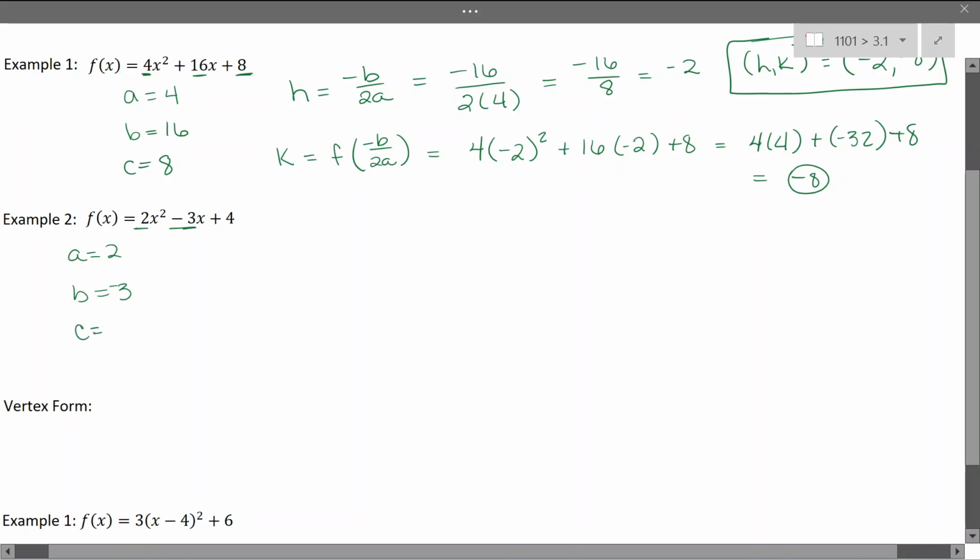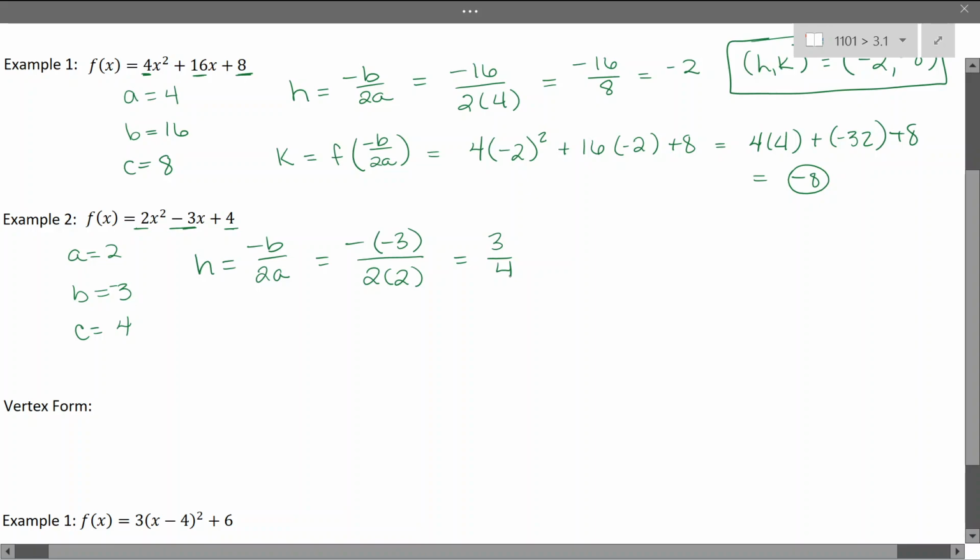And our c is going to be 4. So let's try plugging it into the formula. h is equal to negative b over 2a. So we have negative negative 3 over 2 times 2, which gives us 3/4 for our h.